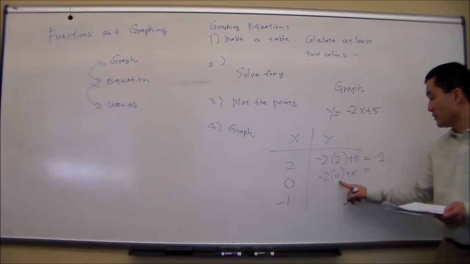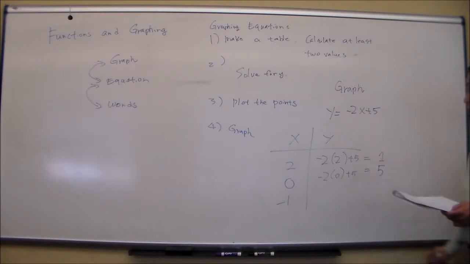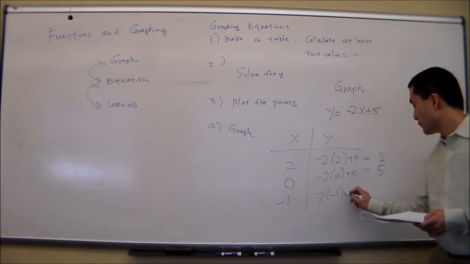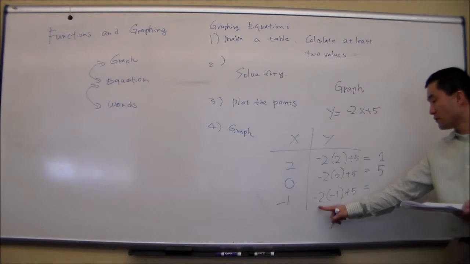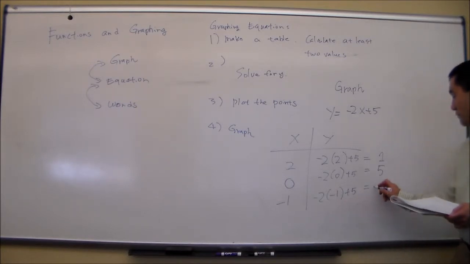Well, anything multiplied by 0 is 0, so that's going to be 5. Negative 2 times negative 1 plus 5. So that's going to be negative 2 times negative 1, that's 2. Plus 5, that's going to be 7.